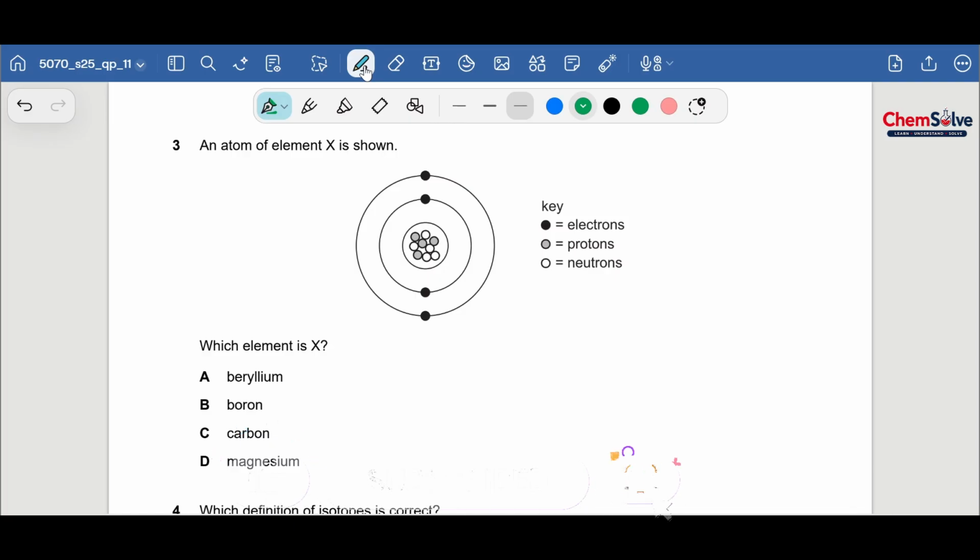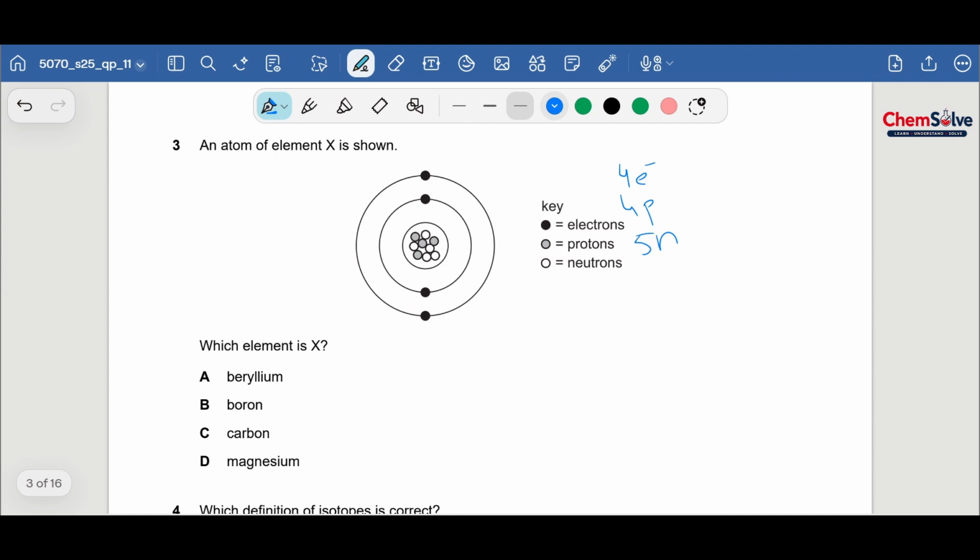Okay, so we know that the identity of an element is its atomic number. Let's write here. It has 4 electrons and it has 1, 2, 3, 4 protons, and it has 1, 2, 3, 4, 5 neutrons.